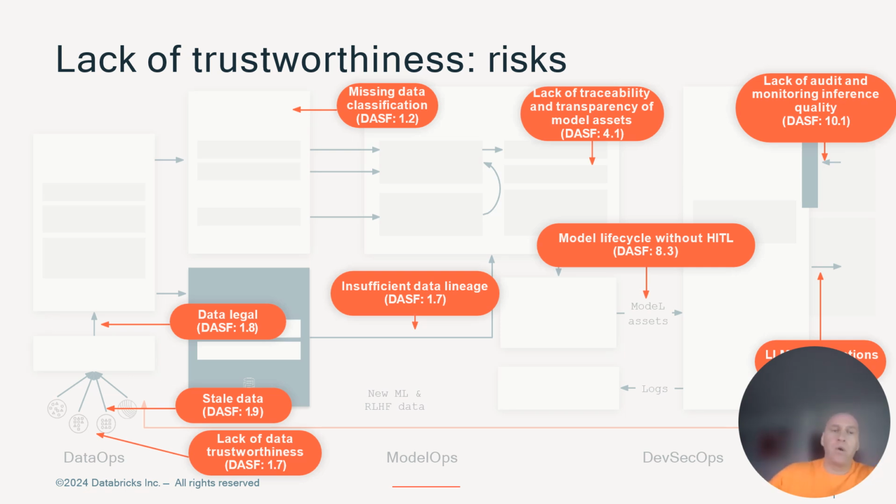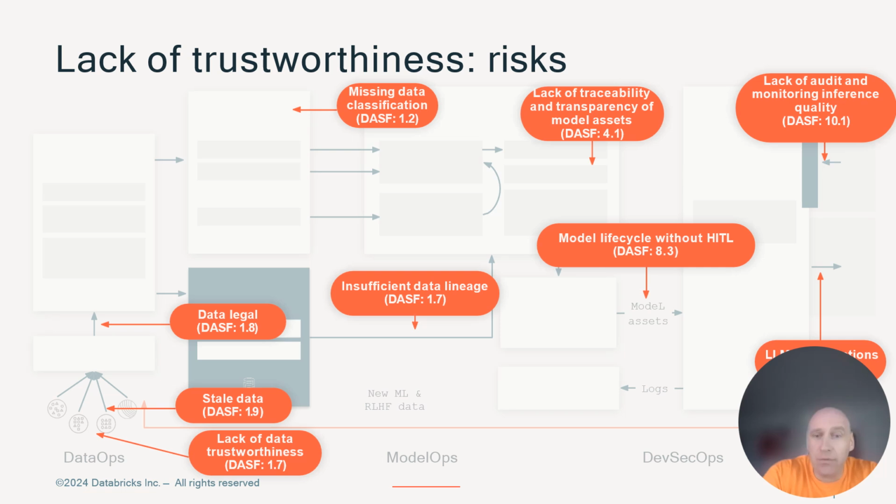So when we look at lack of trustworthiness, we're talking about data legal risks, stale data risks, lack of data trustworthiness itself, insufficient data lineage, and missing data classification that can exacerbate some of these risks.